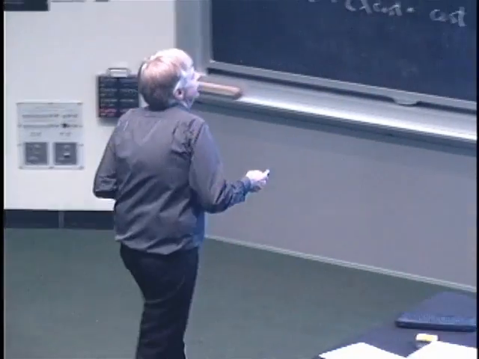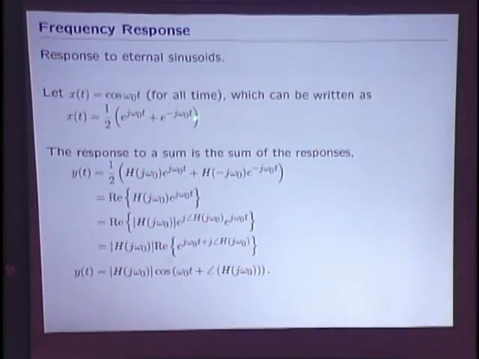That means that the response to the sum simplifies. If I want to think about the input as an eternal cosine wave, cos omega naught t for all time, I write that by Euler this way. I know from this eigenvalue eigenfunction idea that the response to this part can be written this way.